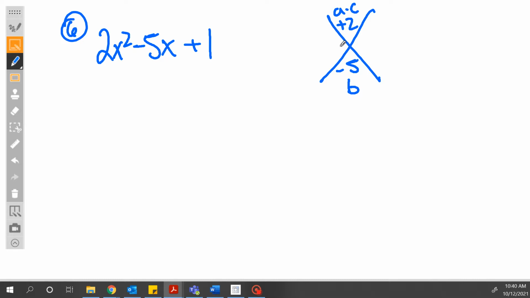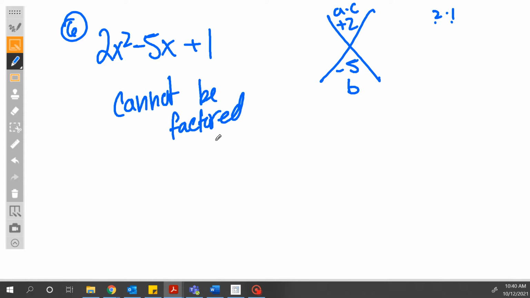Two numbers that add to negative 5 and multiply to positive 2. I don't think they exist because the only thing that multiplies to 2 is 2 and 1, and those cannot add up to 5. So this cannot be factored. In other words, this is prime. It cannot be factored. So let's move on.